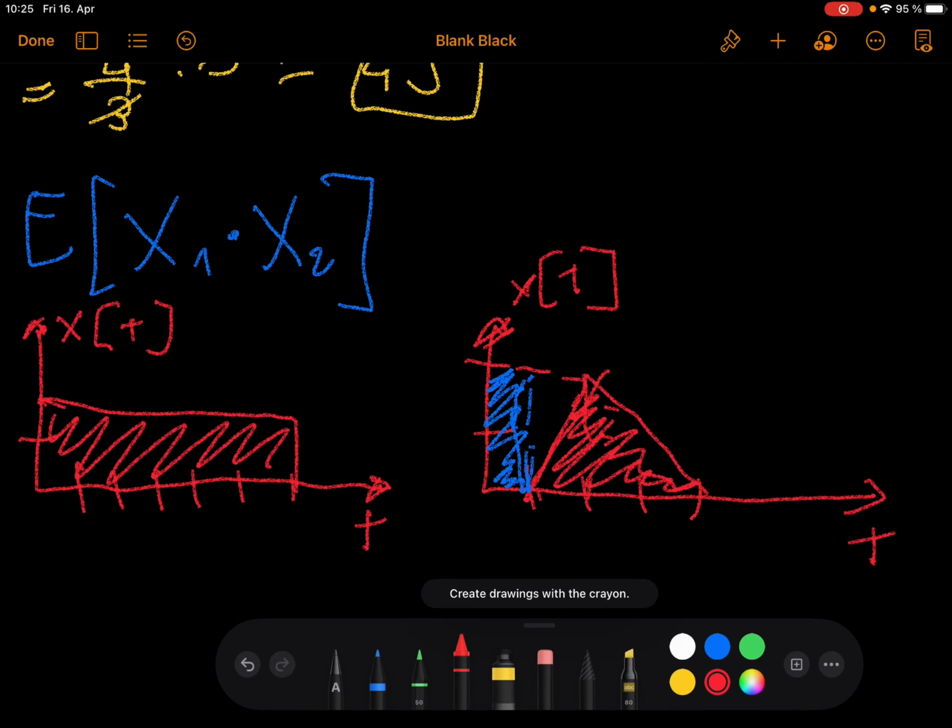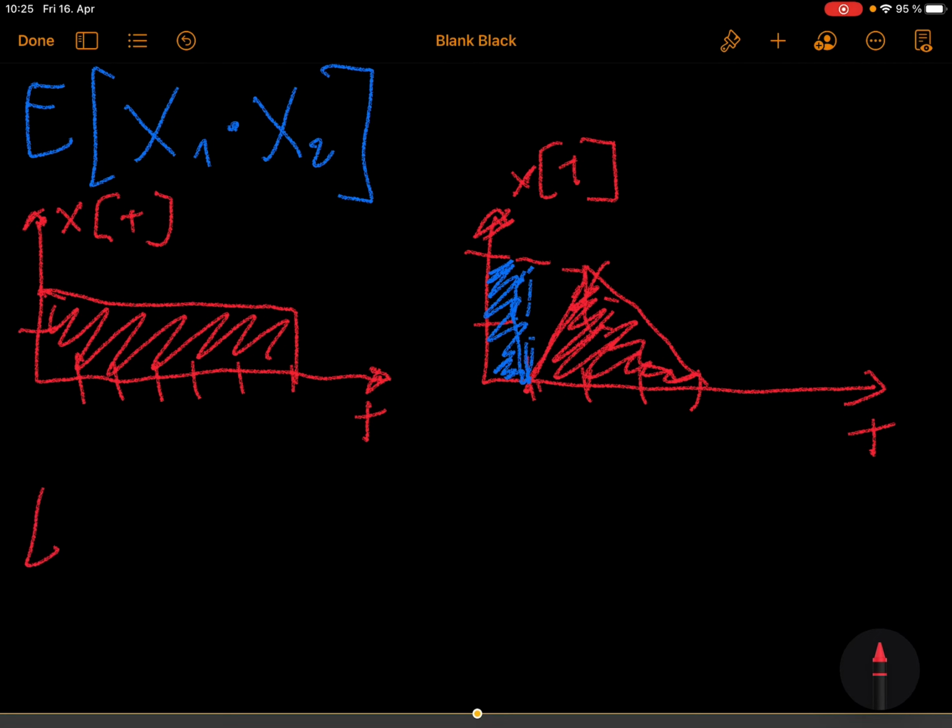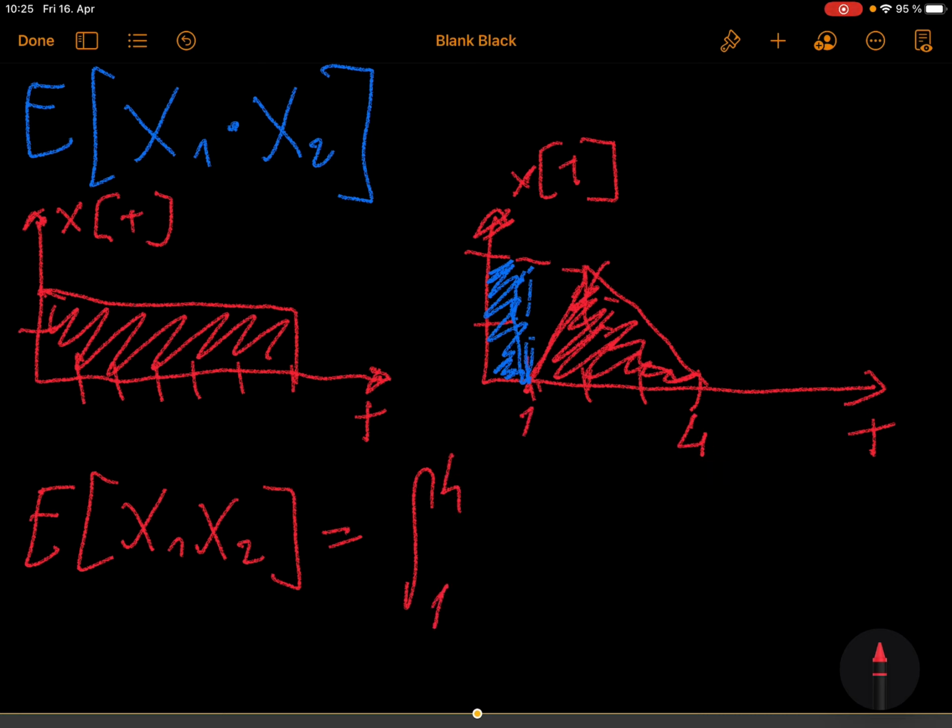Therefore, when we take the area during the integral, it's going to be between 1 and 4, because it is the only part where both have an amount more than 0 to multiply by each other and not be a final 0, right?